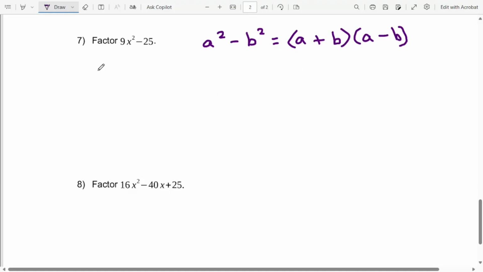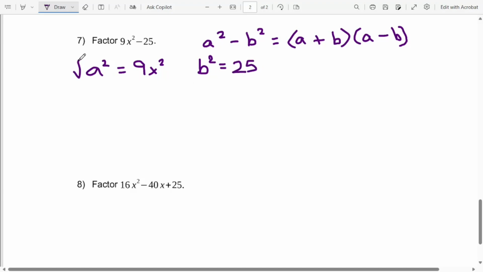So a squared is going to be 9x squared. b squared is going to be 25.